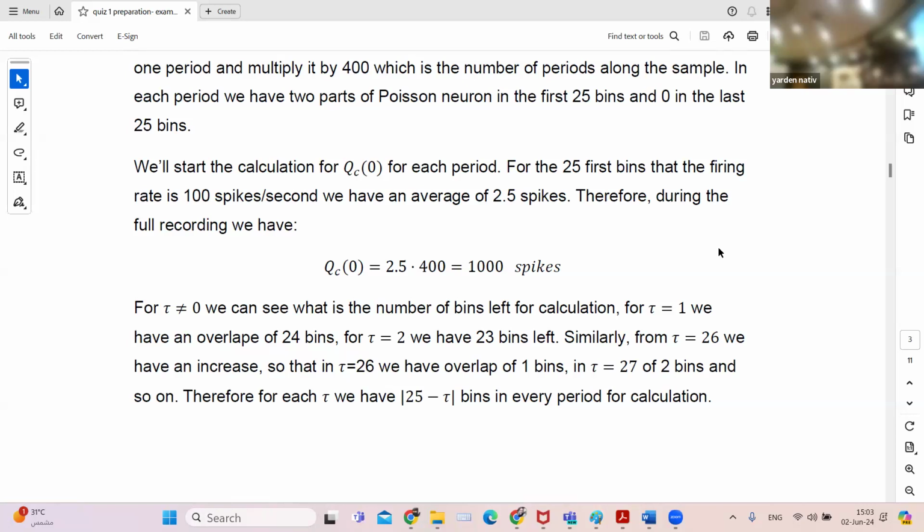But then why in the beginning did we say that the rate was 50? The total rate, because it's a flat line. Yeah, because it's only half of the duration that you have 100. But here we considered it for each 25 millisecond bit, it's 100 hertz.